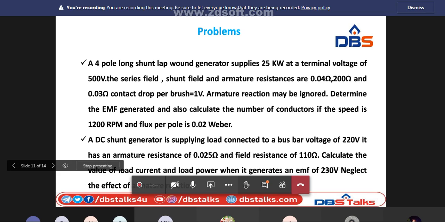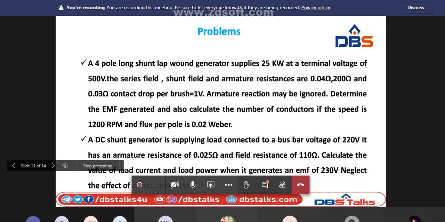Neglect the effect of armature reaction. So it is an easy problem. They have directly given the generated EMF Eg 230 volts, and the terminal voltage V 220 volts, right? Note down the given data. V is equal to 220 volts, Eg is equal to 230 volts, Ra 0.025 ohms, Rsh 110 ohm, right?